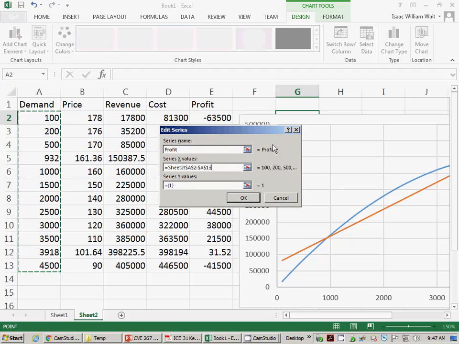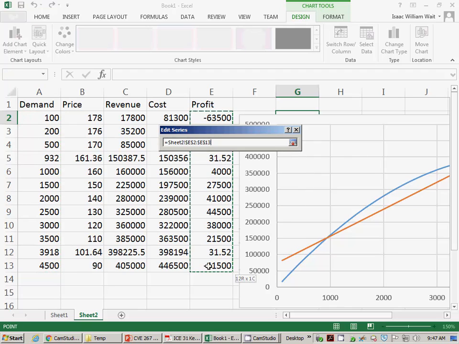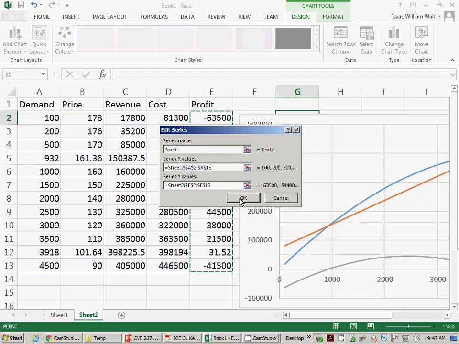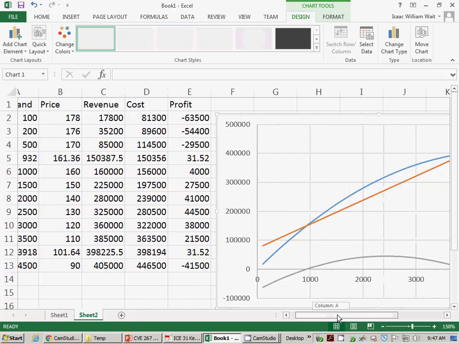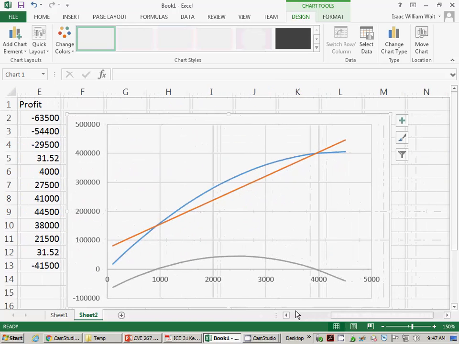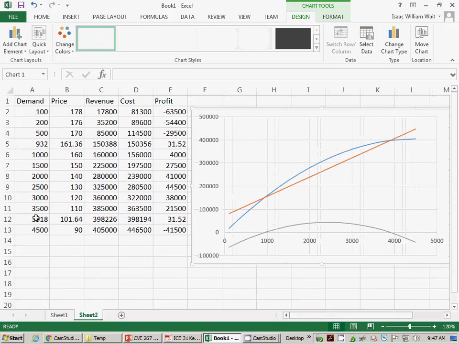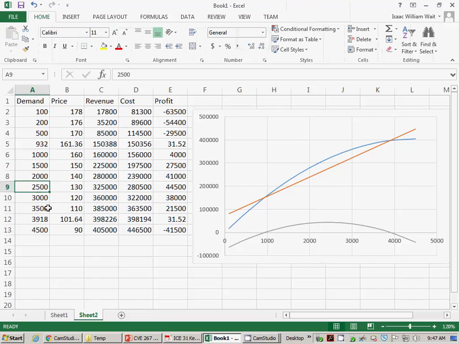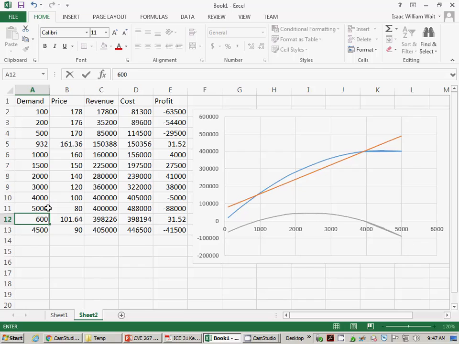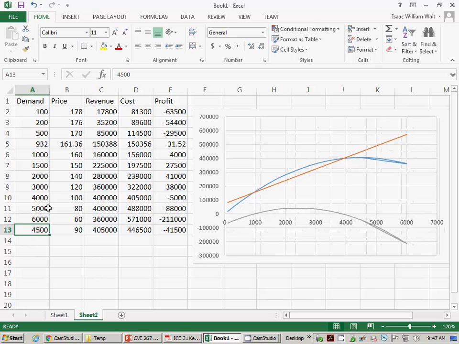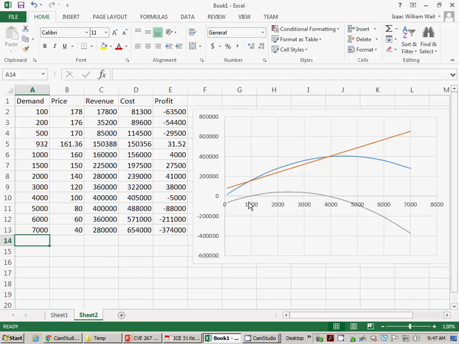And we'll take a look at where we're at so far. It would be fun to see the revenue curve going down again. So let me change the range of values here to 2,000, 3,000, 4,000.